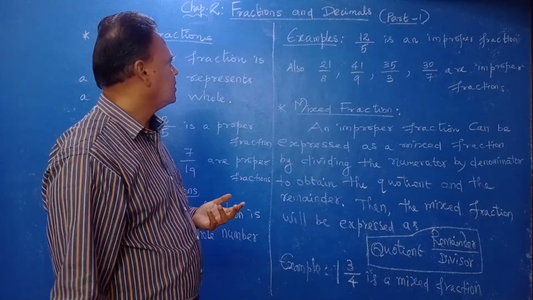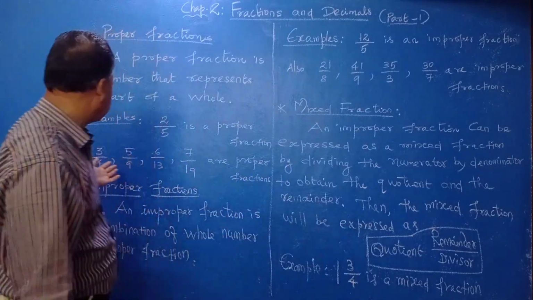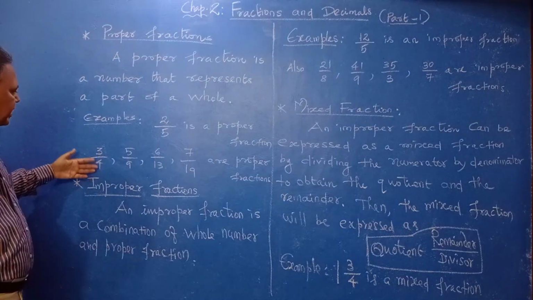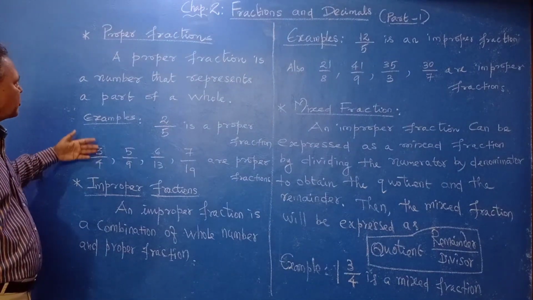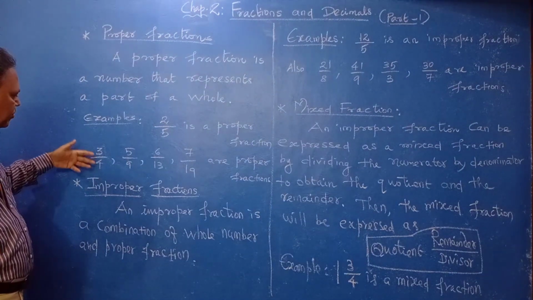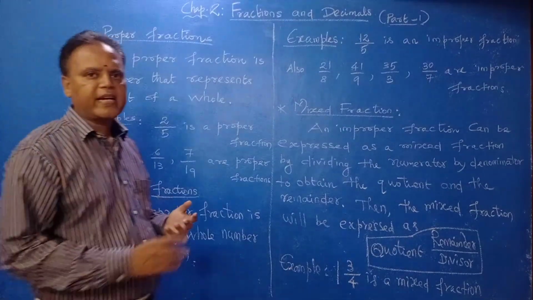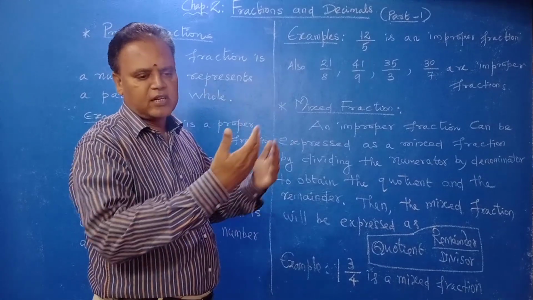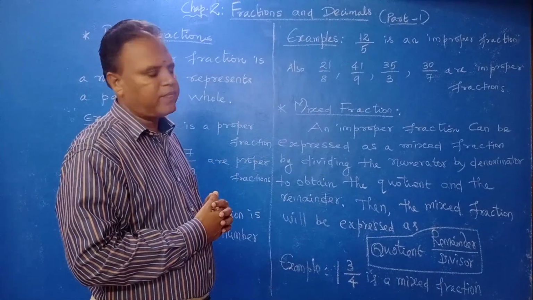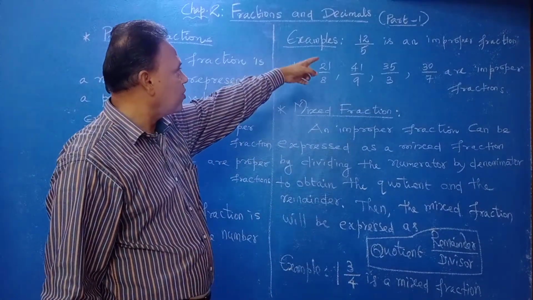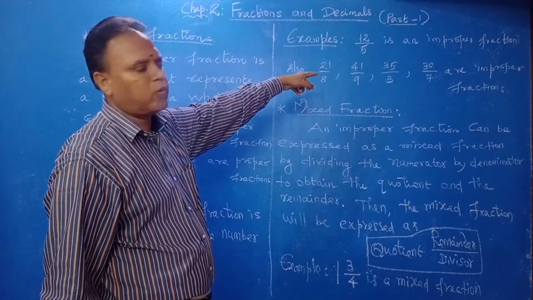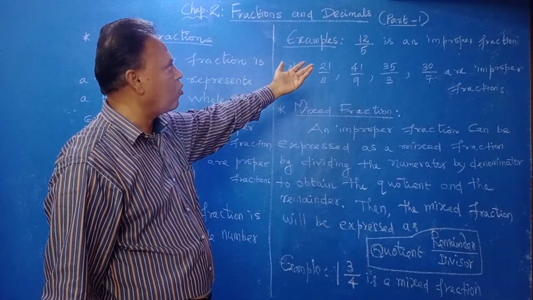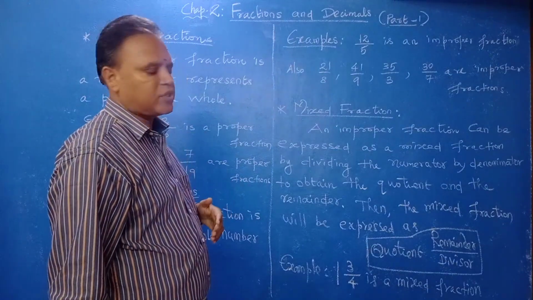And the remainder you will get. In a proper fraction like 3 by 4, you cannot divide; you will get decimal parts. We will see that later on. Here you can divide. 12 by 5: it will go how many times? 2 times.